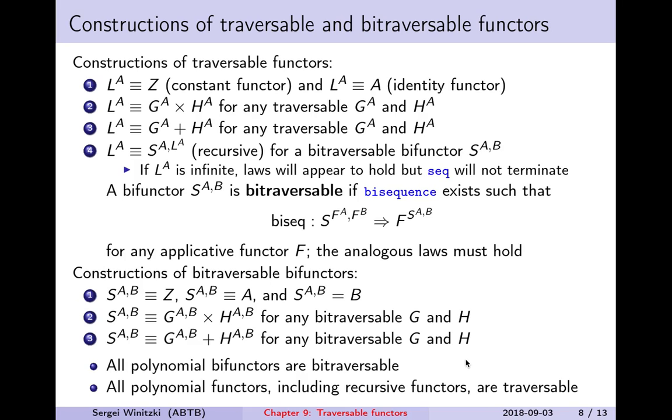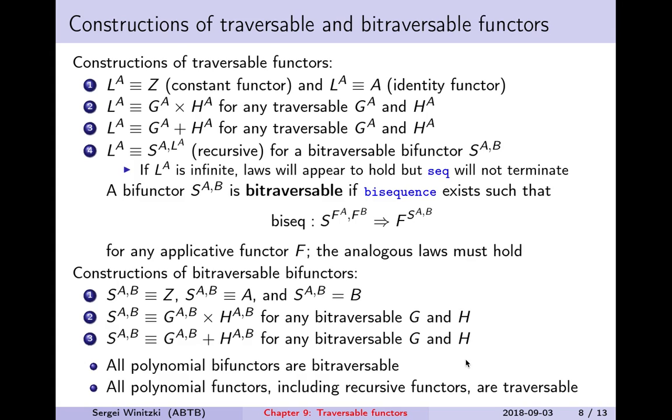Having formulated the laws, we now can look at constructions, and we can check that the laws hold. We can also check whether some functors can be traversable when they are polynomial, or when they're recursive, or when they're not polynomial.